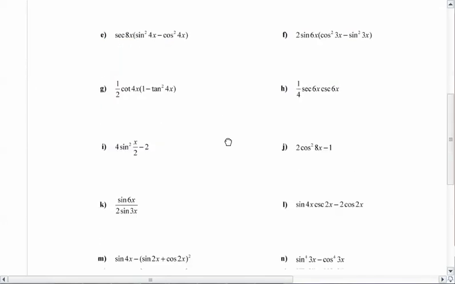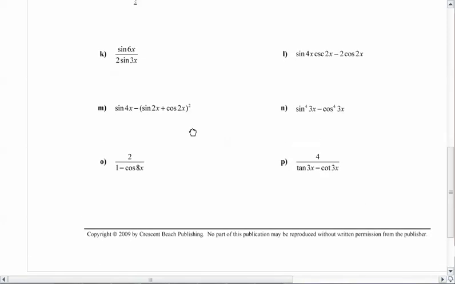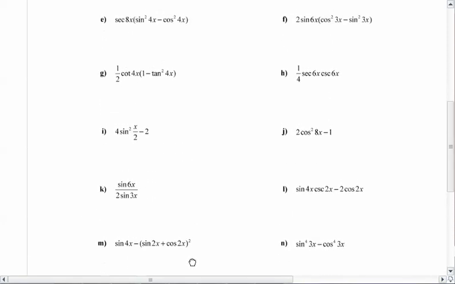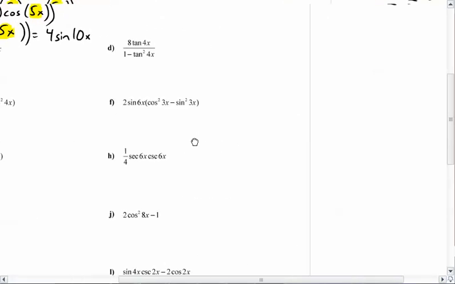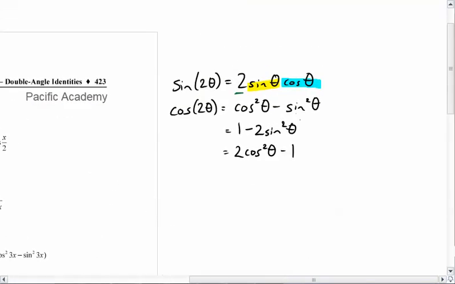Let's try one of the harder ones. So 4 sine squared pi over 2 minus 2. So this looks a lot like this one here. 1 minus sine squared theta.